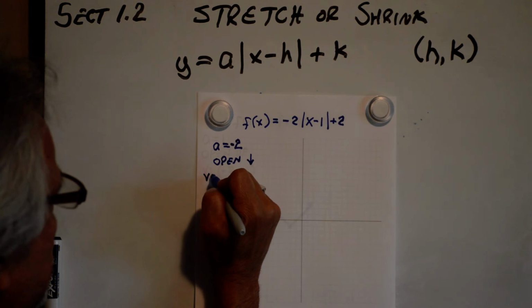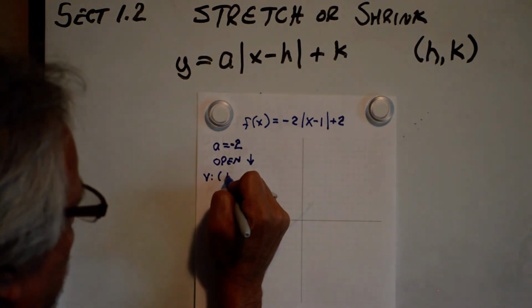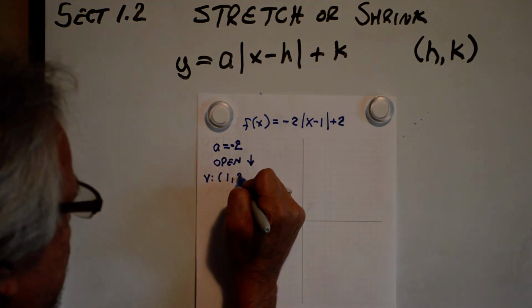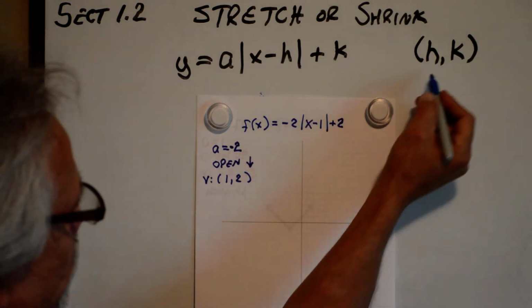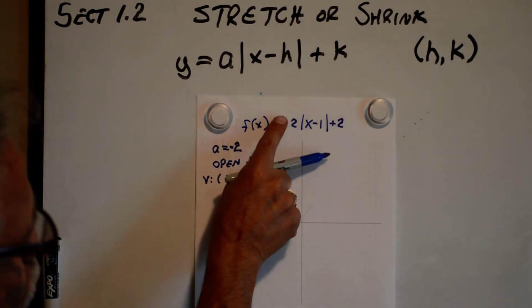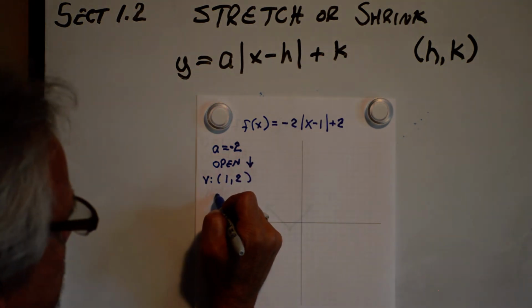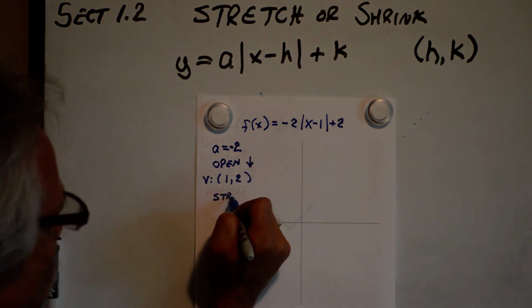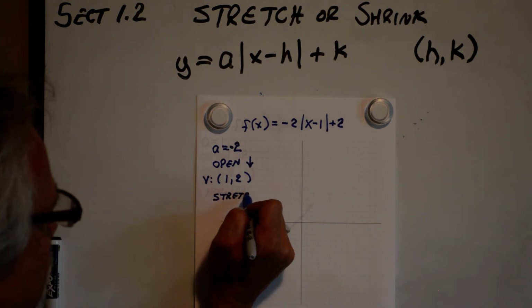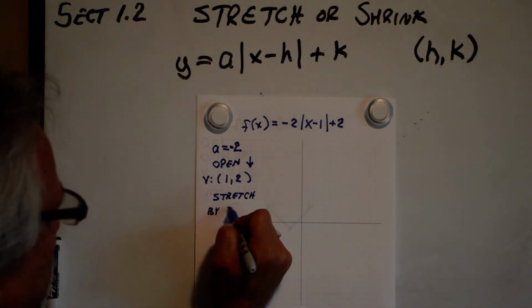My vertex is going to be the opposite of that negative 1, so positive 1, and the same as that 2. That's h comma k. And lastly, since that's a 2, I'm looking at the 2, that's greater than 1, so this guy is going to be a stretch by a factor of 2.